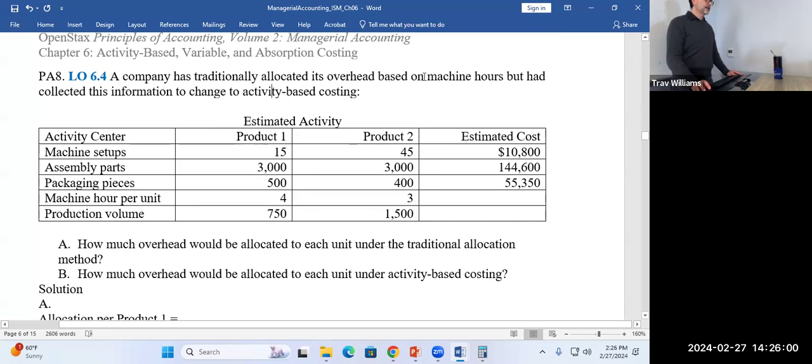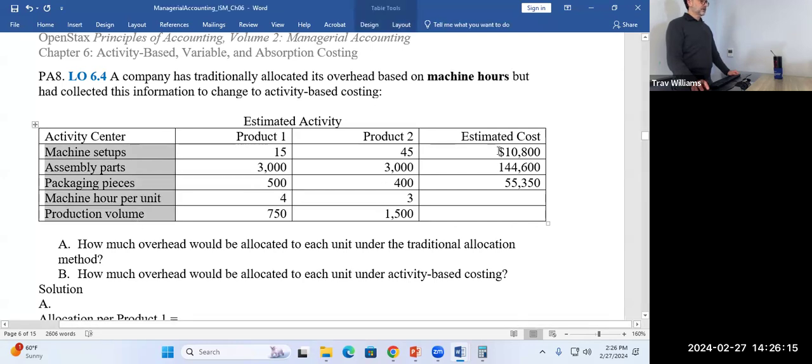So it says the company traditionally used machine hours. But now they've collected this information. They've got these 5 different activities. Oh, actually 3. 3 different activities.